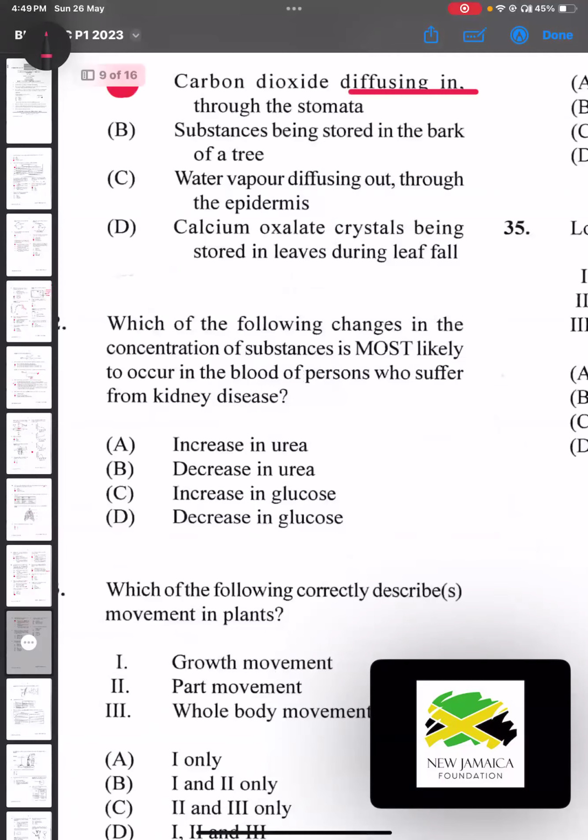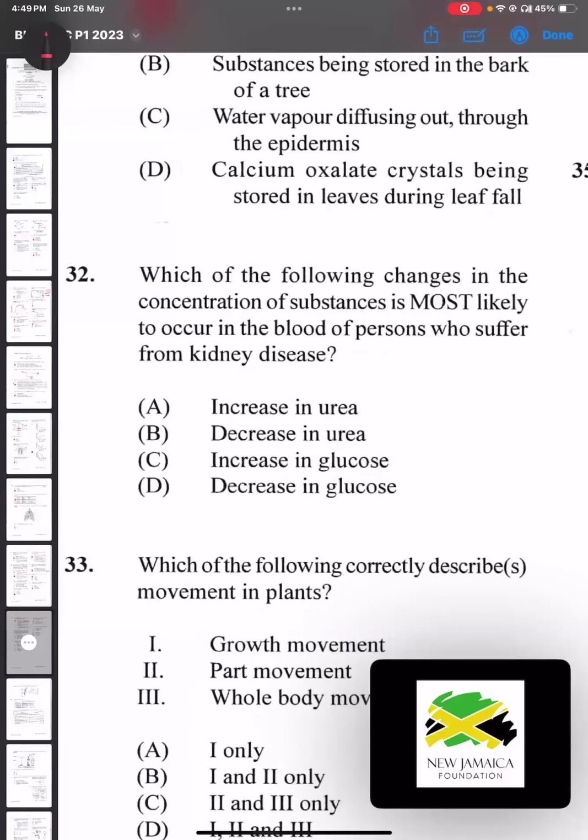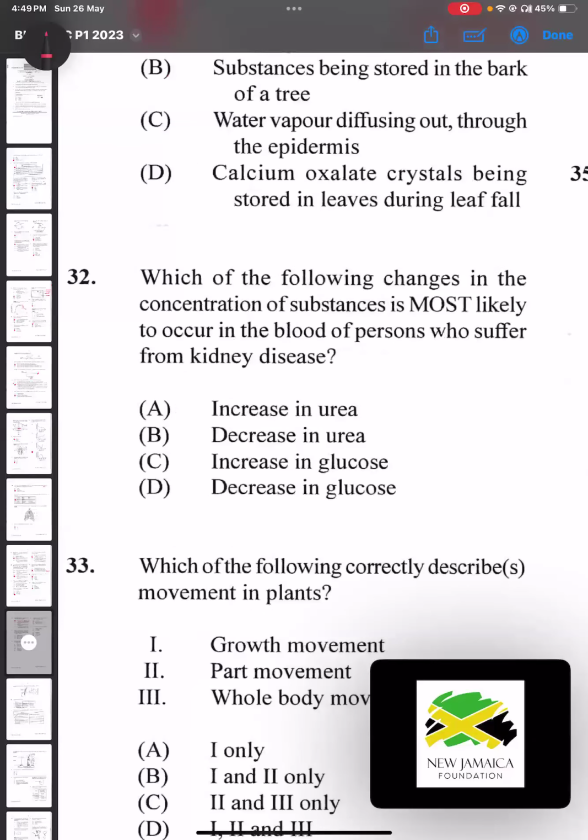So number 32, which of the following changes in the concentration of substances is most likely to occur in the kidney of a person who suffers from kidney disease? So how would your blood concentration change? What would you see, more or less, if you had something happen in your kidney? Our answer would be A, an increase in urea.